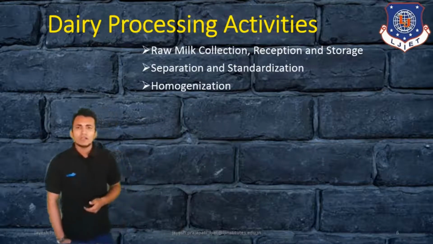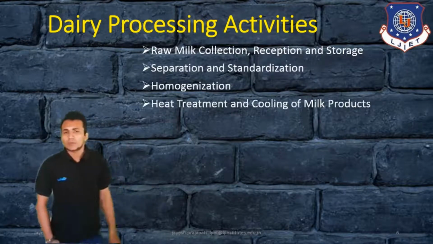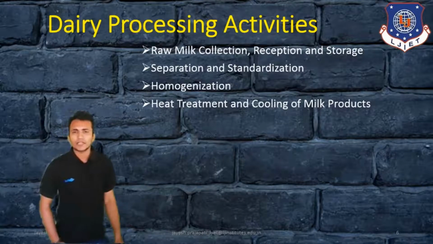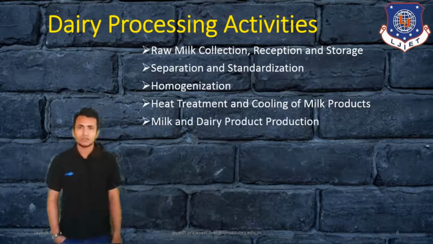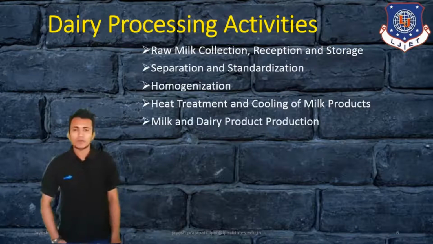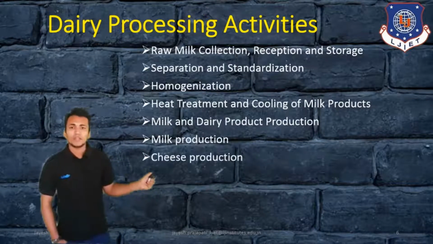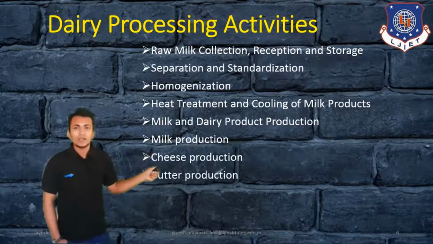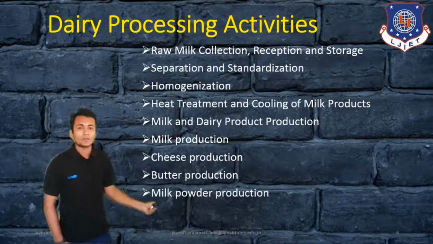Then heat treatment and cooling of milk product. That is another activity. Then milk and dairy product production, in which we involve milk production, cheese production, butter production, and milk powder production.